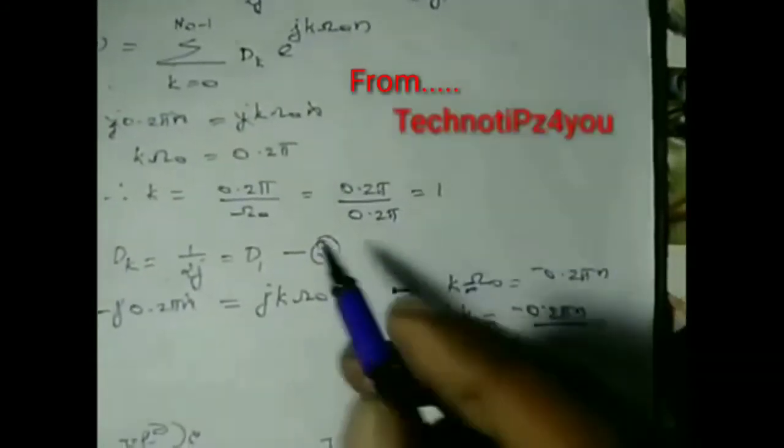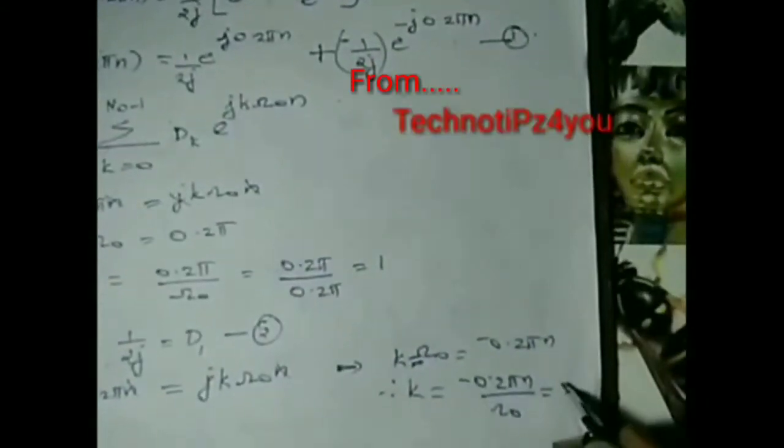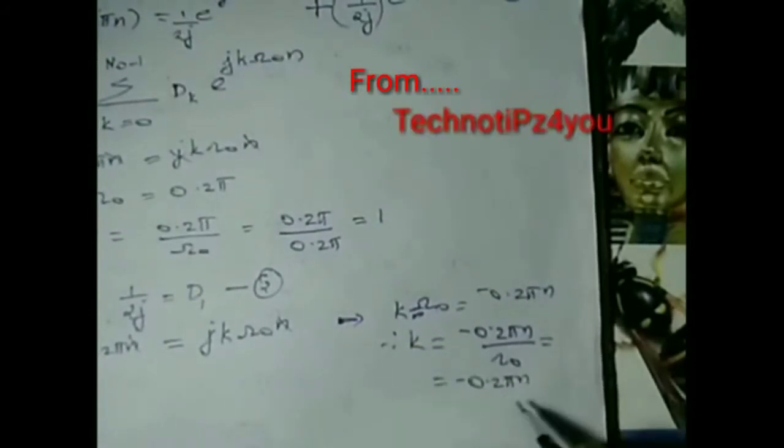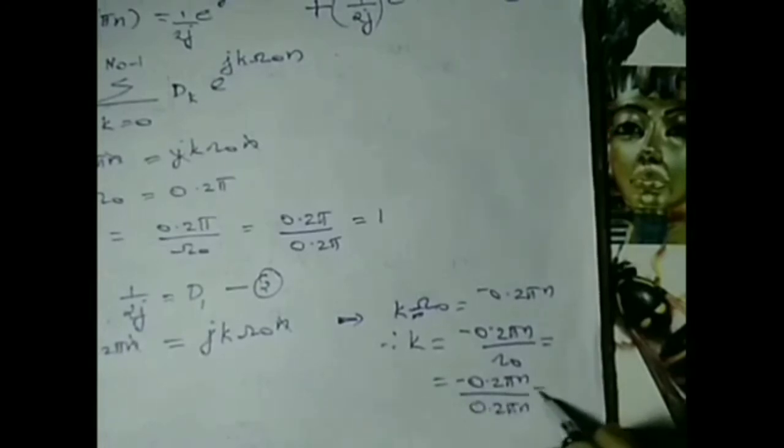Again we know that omega 0 is equal to 0.2 pi. So substituting, we get minus 0.2 pi n divided by 0.2 pi n, equal to minus 1. Now what I obtained is the value of k is equal to minus 1.